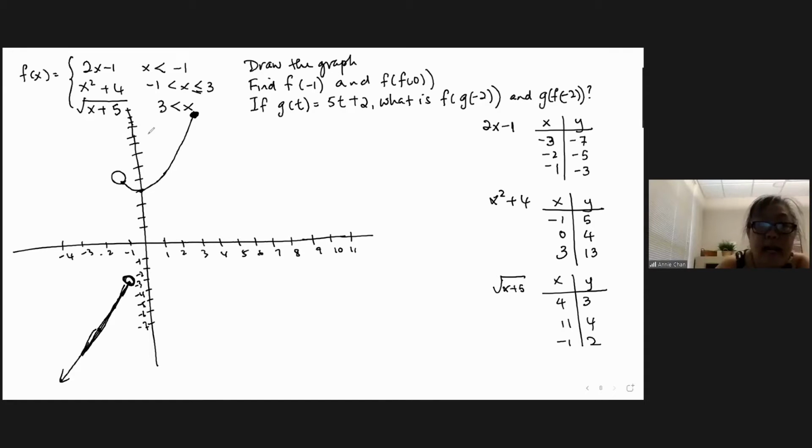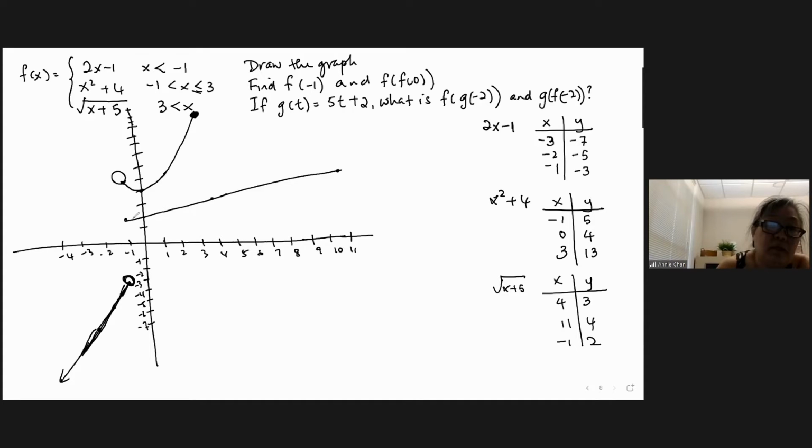Now the last one is 4, 3; 11, 4; and then -1, 2. So this is going to be a straight line like that. Is this right? -1, 4. Yes, it is right. But I only want it from x greater than 3.